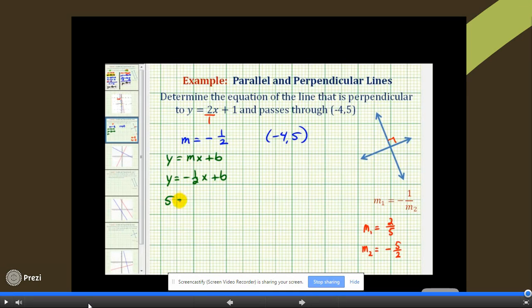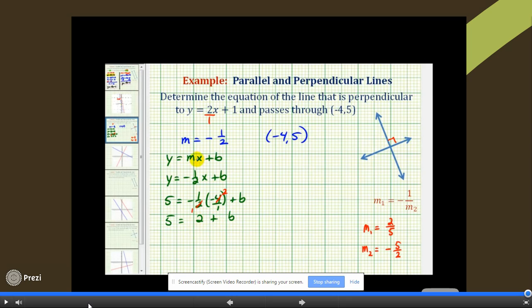So we have 5 equals negative 1/2 times negative 4 plus b. Put the negative 4 over 1, so we have 5 equals, notice how this simplifies here, there's 1, 2, and 2, and 2 2's and 4, so this becomes negative 1 times negative 2, don't forget about the sign here.